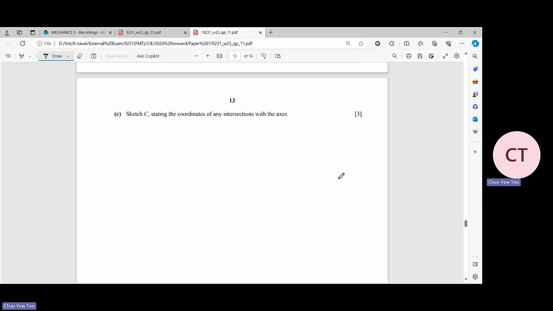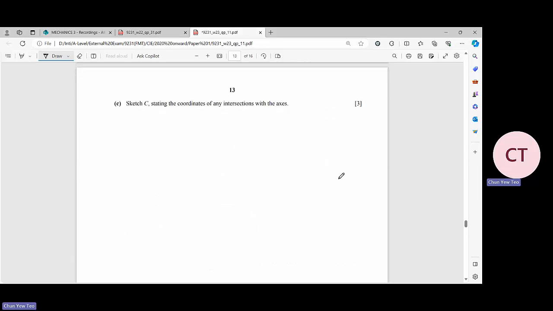Now we move on. We have part C. Sketch C, stating the coordinates of any intersections with the axes. So in order to find intersections with the axes, we just need to let x equal to 0. Your y will be f(0). It will be negative 1.